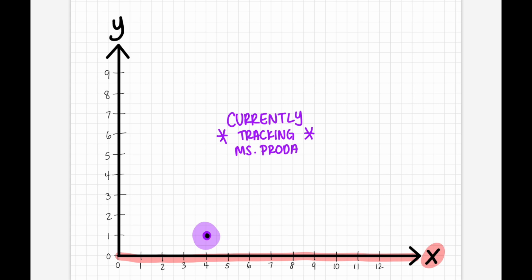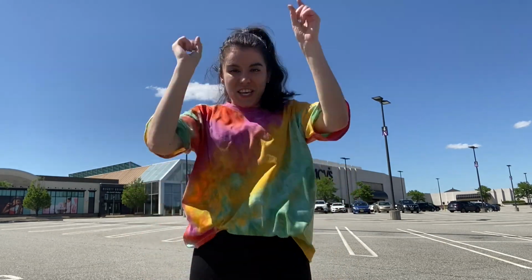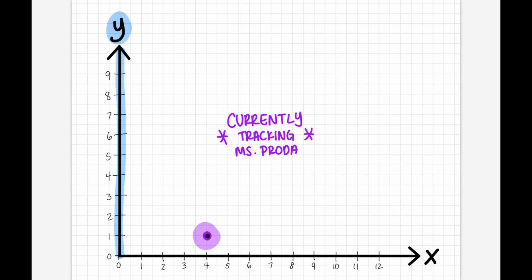If you said 4. Miss Proda, do your thing. Oh, you are correct. That one may have been easy for you since I told you to prepare for it. Now, Miss Proda did run up a little bit before getting to the mall. Look carefully at the tracker.